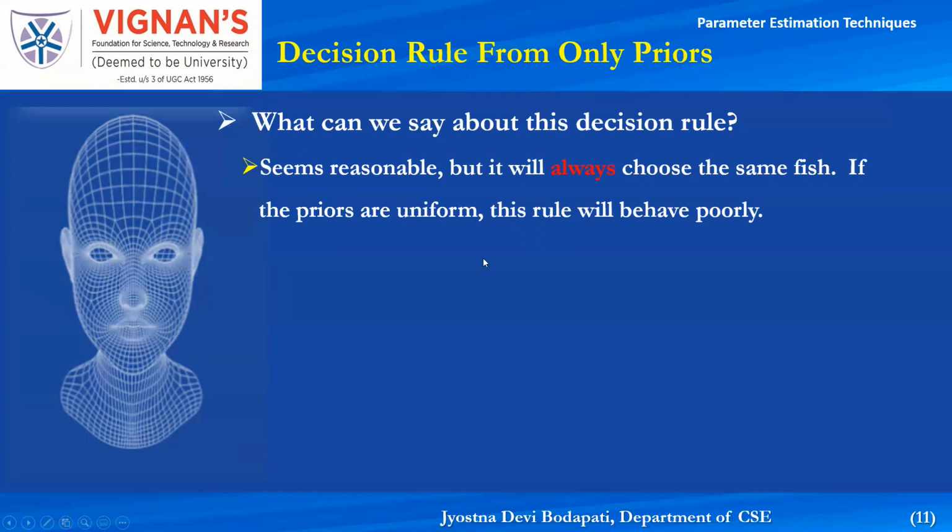The problem is that you are always assigning the given object to the same class. In this case, whatever fish comes on the conveyor belt, you are assigning it to the sea bass bin only, right? So what is the error that you are incurring? Maybe we'll see errors in a later class, but can you see what the error is based on this decision?